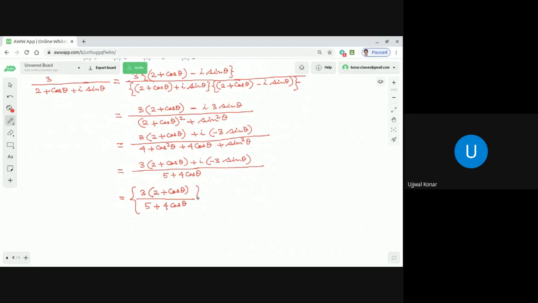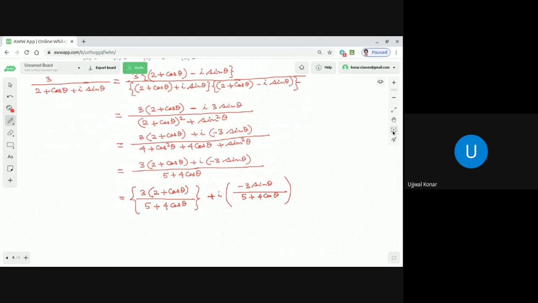This is the real part, which is actually a, plus I into minus 3 sin theta divided by 5 plus 4 cos theta. Let me give a first bracket only, the second bracket is not required.